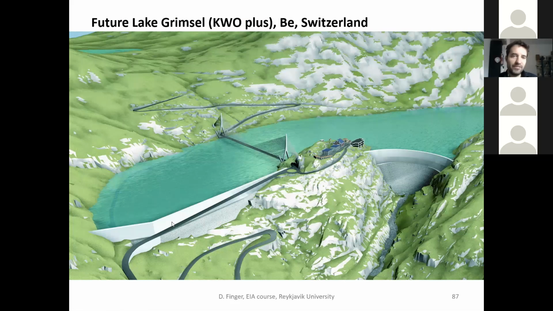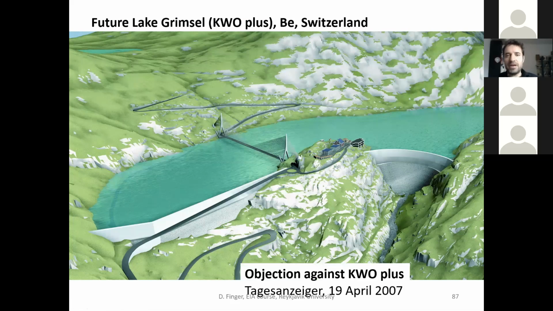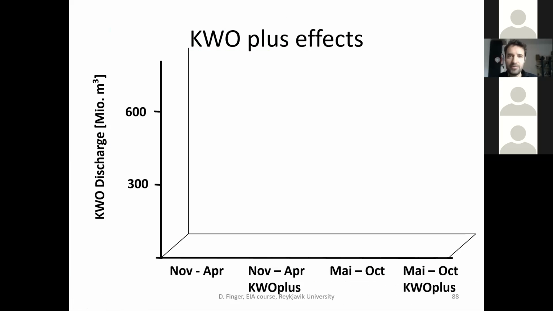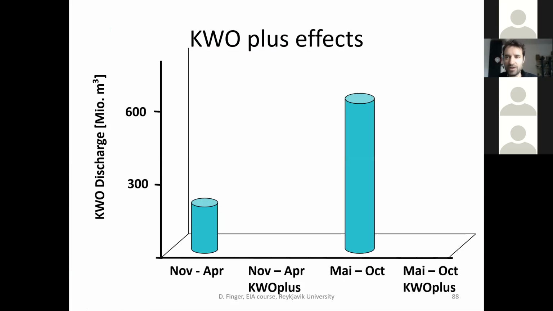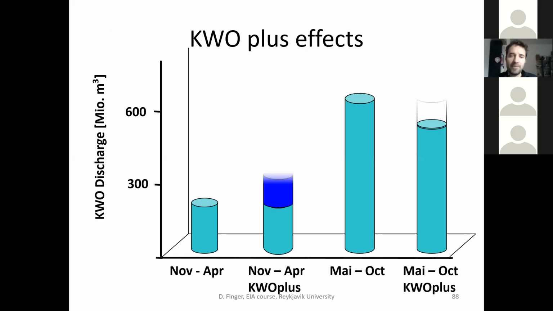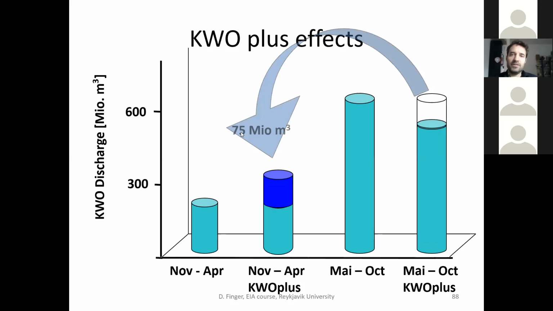What would happen if you increase the reservoir by 23 meters? And we did this, of course, by using our model, and we plugged the situation into our numerical model and looked at it. What would happen if you have 75 million cubic meters more storage?